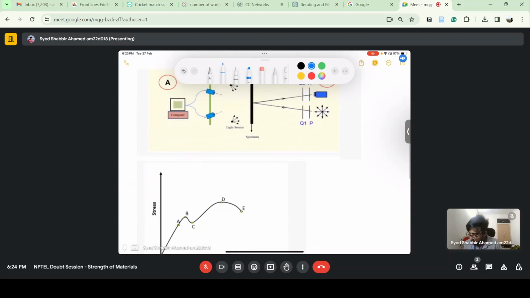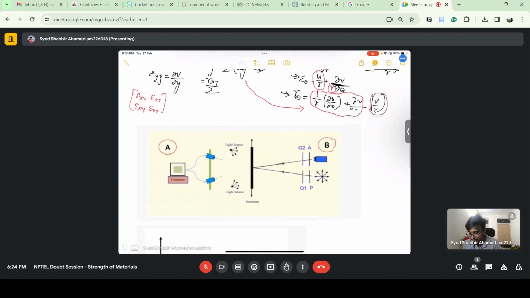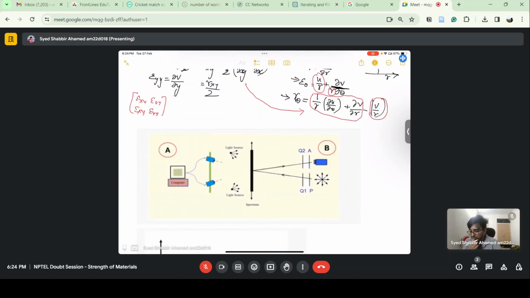And if you see this image, this is an experimental procedure which we are conducting. As you can see, there is a computer, and we have two cameras and two light sources which illuminate the specimen.